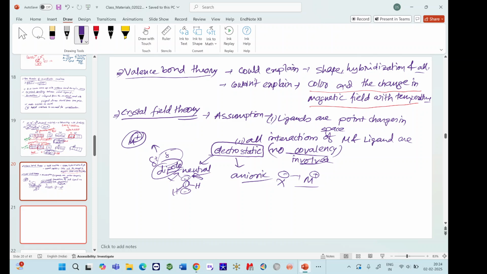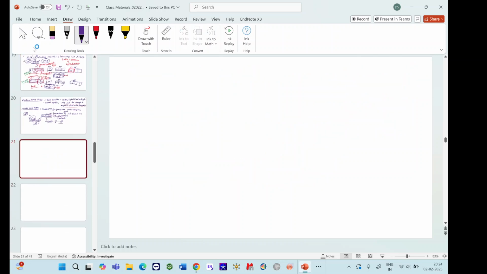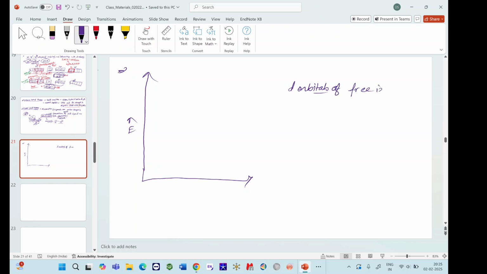Now let us discuss more about it. So this is the basic thing. It will be energy. Suppose you have d orbitals of a free ion.